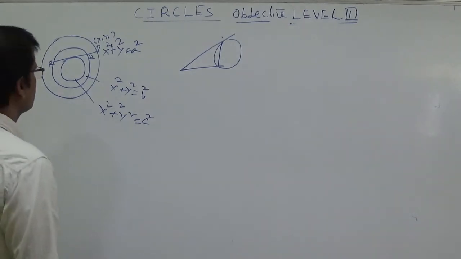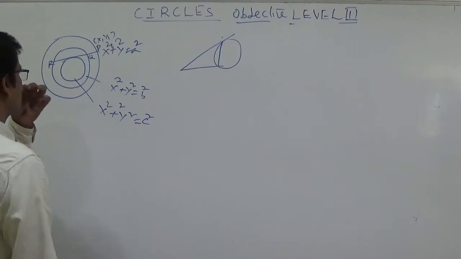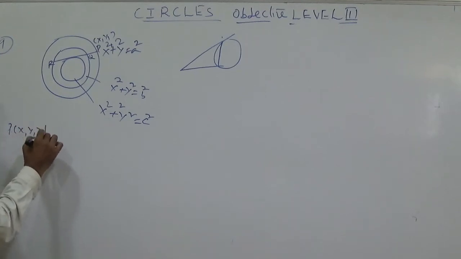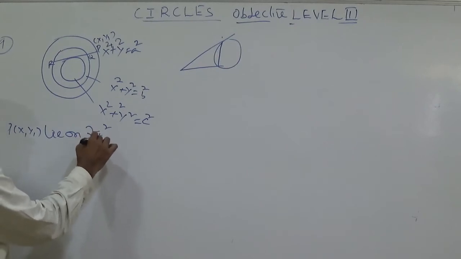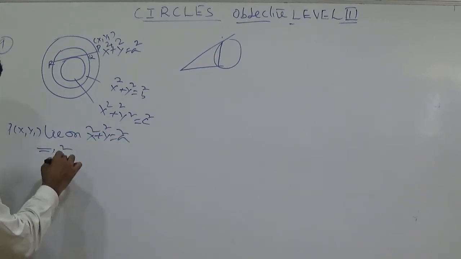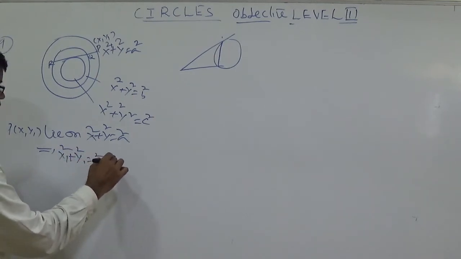The chord of contact is the tangent of the circle x square plus y square equal to c square. This is a rough diagram. Let us discuss P x1 comma y1. P x1 comma y1 lies on the circle x square plus y square is equal to a square.